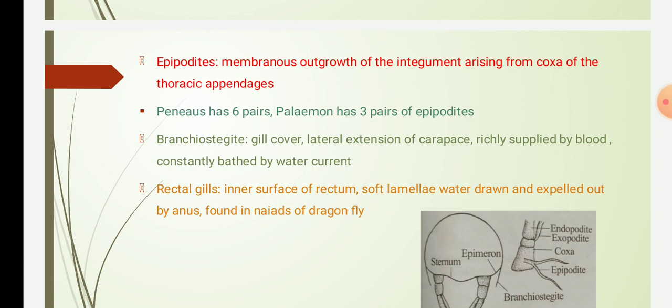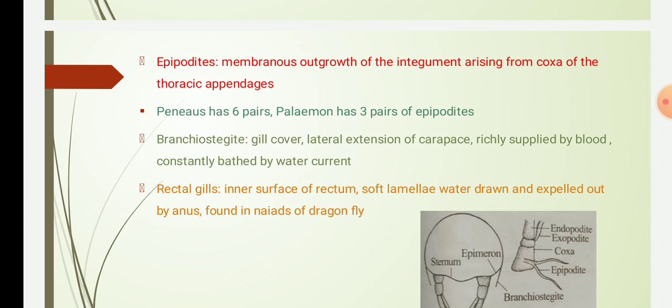Okay, similarly in Palaemon, that is in the freshwater prawns, there will be 3 pairs of epipodite. Okay, and this epipodite is highly vascular, and they exchange gases between the blood and the water.